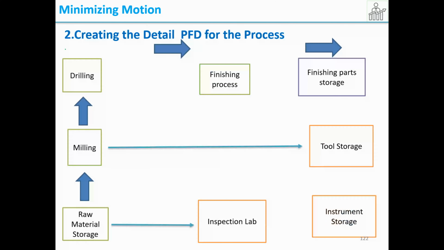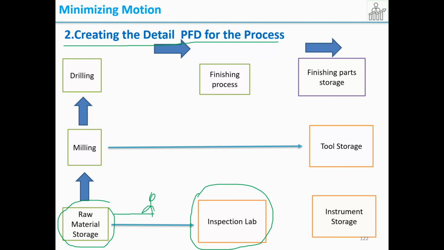So the second point is creating the detailed PFD for the process. So now there is an inspection lab here. The raw material is taken and he moves from here to the lab, moving from one place to another for the inspection.